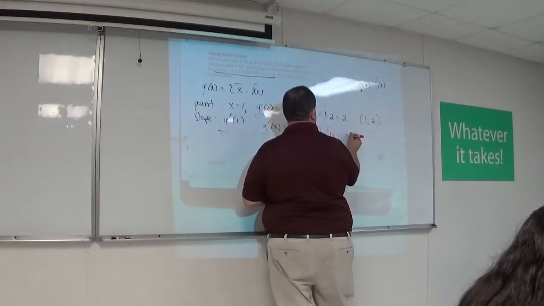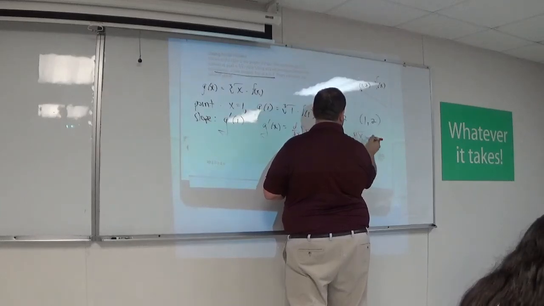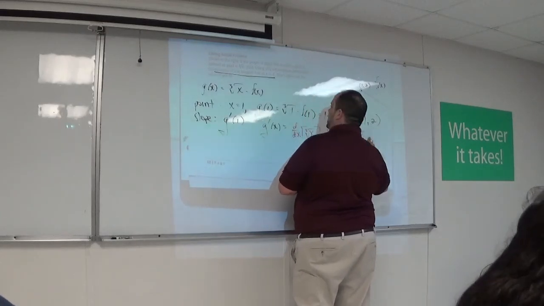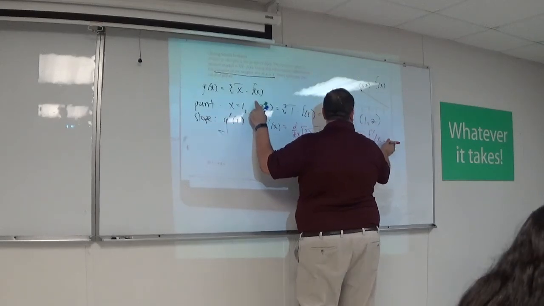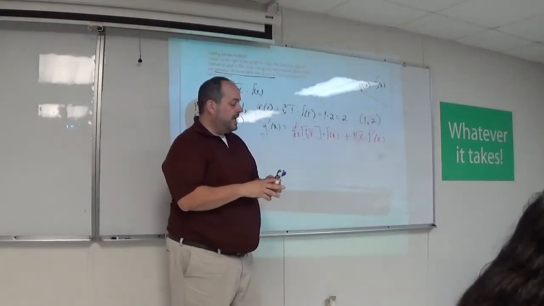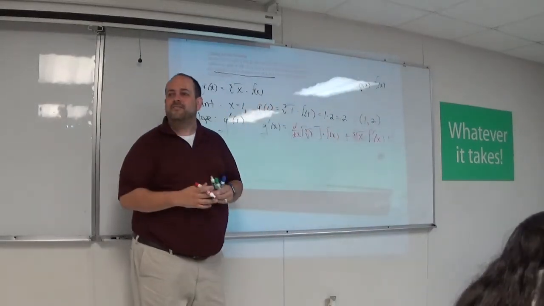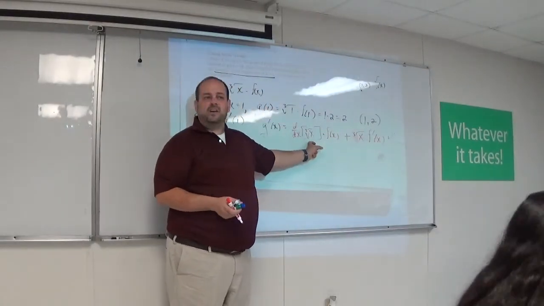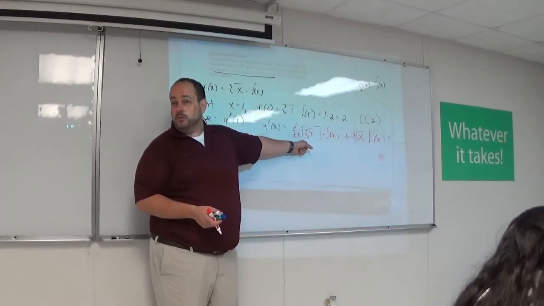Plus the first times the derivative of the second. The derivative of the second is f prime. That's what f prime means. What I'm saying over here is I'm not ready to take this yet, but I know I have to.